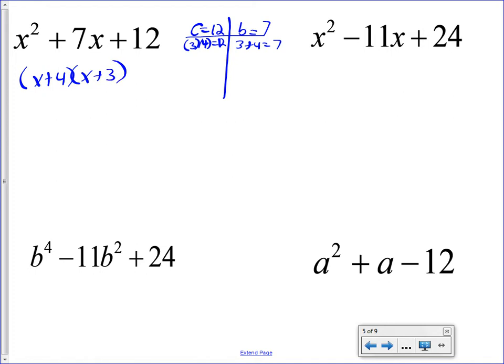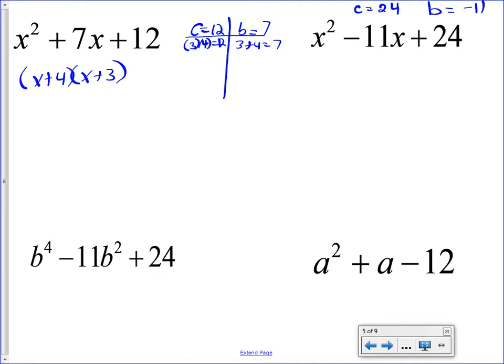Okay, here's an interesting one. I have to find two numbers that multiply to 24 and add to negative 11. How do I get two numbers that multiply to a positive but add to a negative? What do I do? Two numbers that multiply to 24.